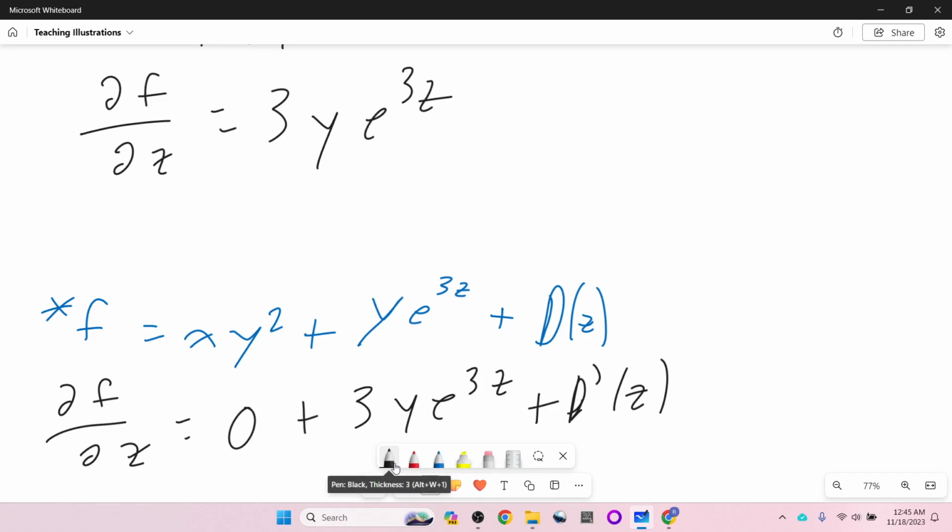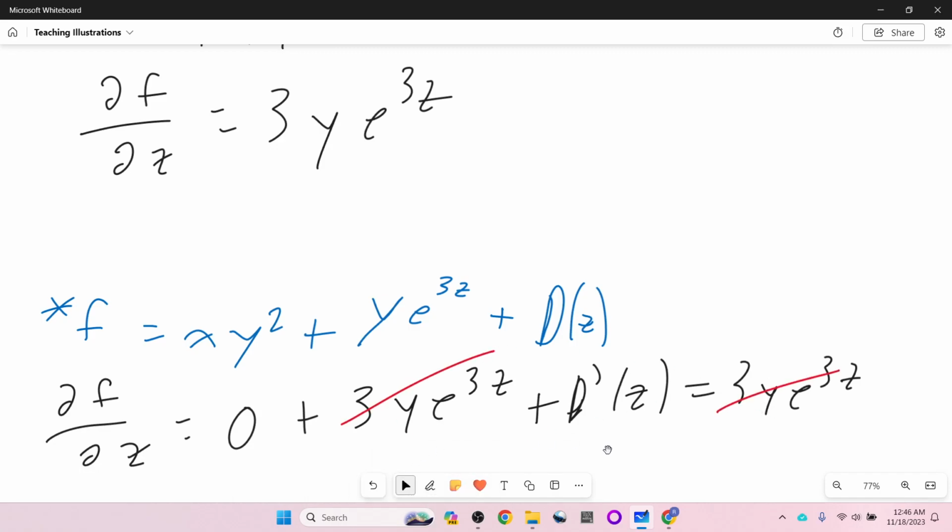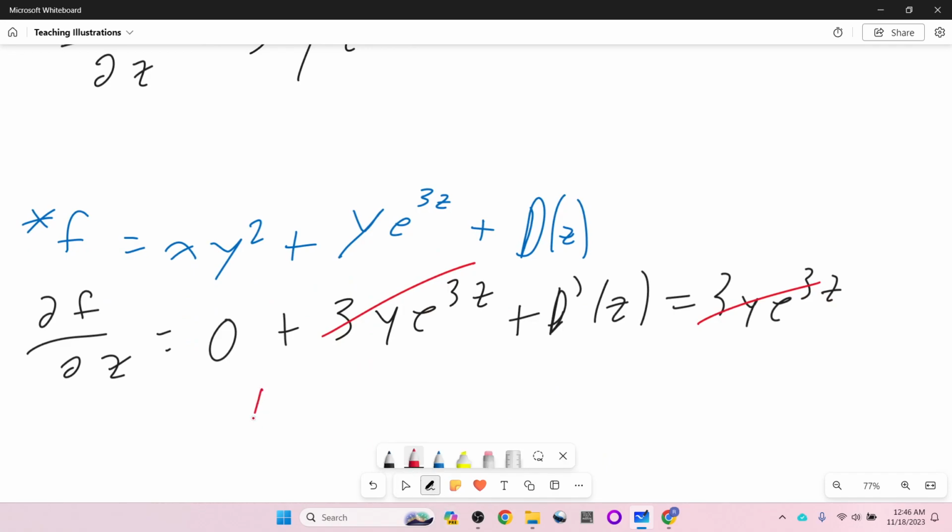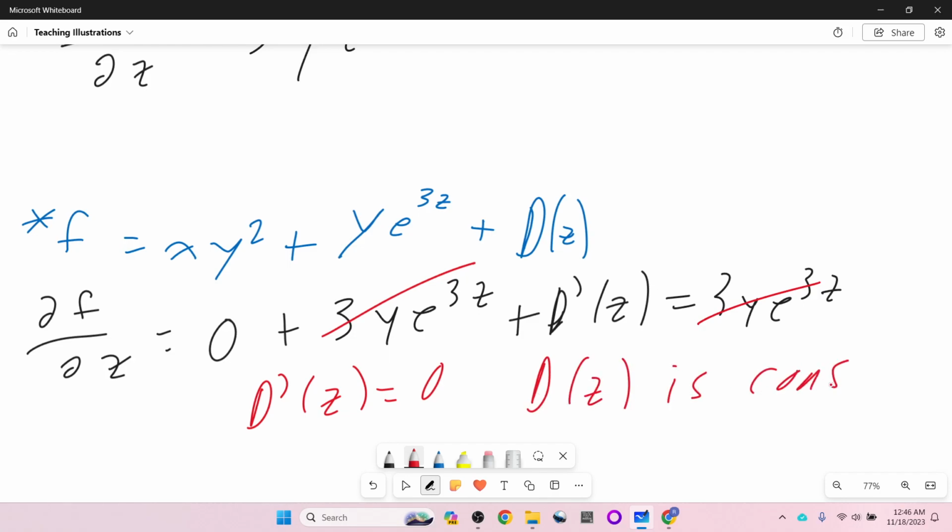Okay. So these are equal. So this is equal to 3y e to the 3z. Well, that means we can cross those out. So we're left with d prime of z is 0, which means that if the derivative of d is 0, then d of z is a constant.